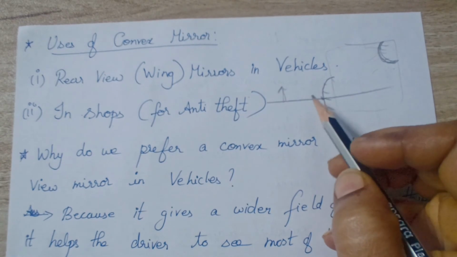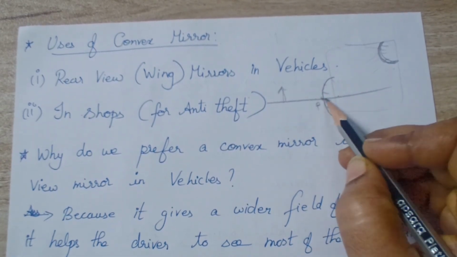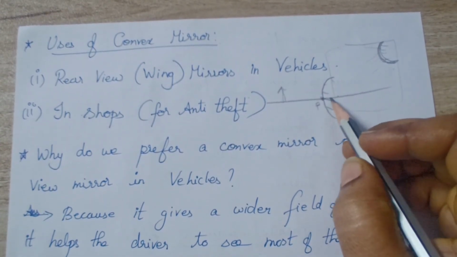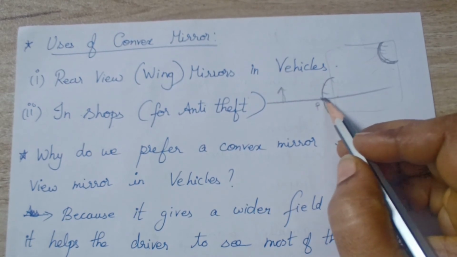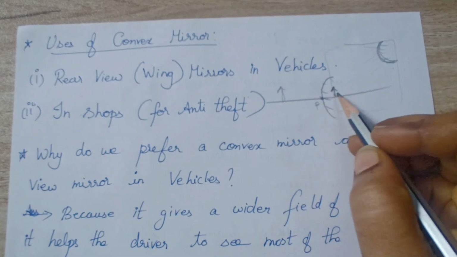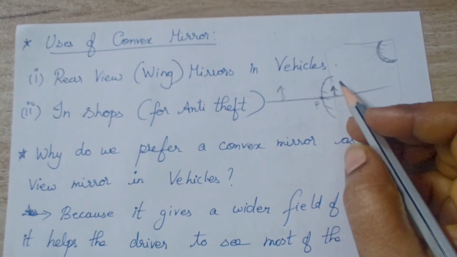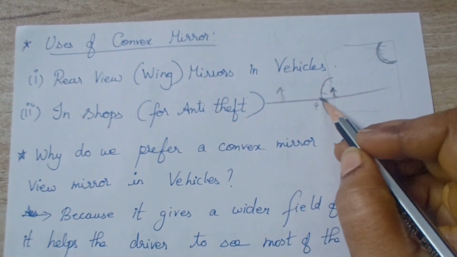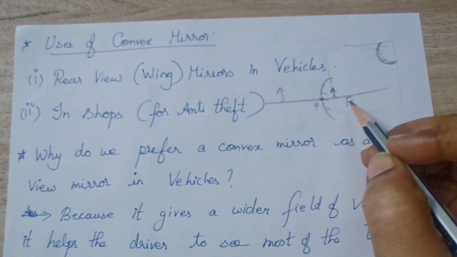You will get a diminished, virtual, erect image between the pole and the focal point, you know that, right?